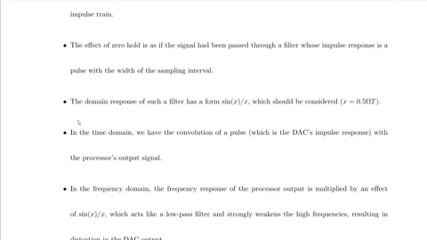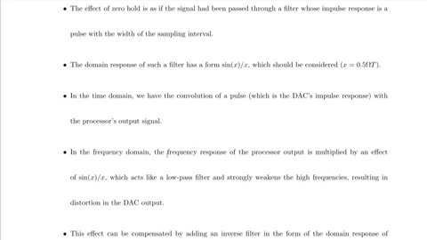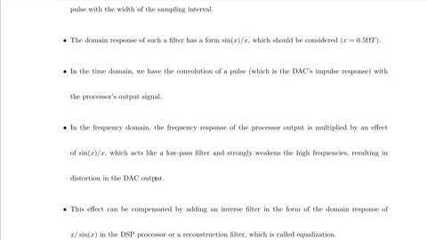Okay. The frequency response of such a filter has the form of a sinc, which should be considered. In the time domain, we have the convolution of a pulse with the processor's output signal. In the frequency domain, the frequency response of the processor output is multiplied by an effect of sinc, which acts like a low-pass filter and strongly weakens the high frequencies, resulting in a distortion in the DAC output.